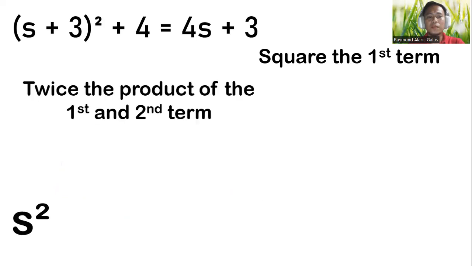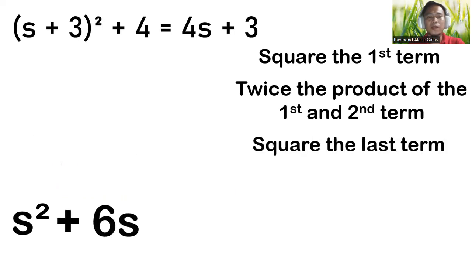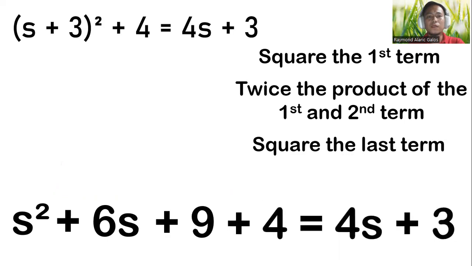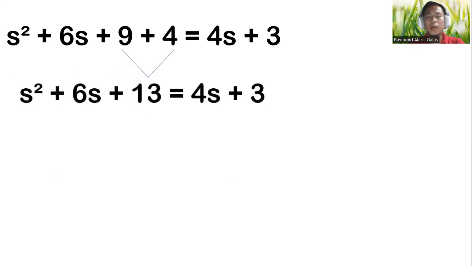We have s squared, twice the product of the first and the second term, so we have positive 6s, and square the last term, and we have positive 9. And then let's just copy plus 4 is equal to 4s plus 3. Now, s squared plus 6s plus 9 plus 4 is equal to 4s plus 3. Remember that 9 and 4 can be added and will become 13. So therefore, we have s squared plus 6s plus 13 is equal to 4s plus 3.